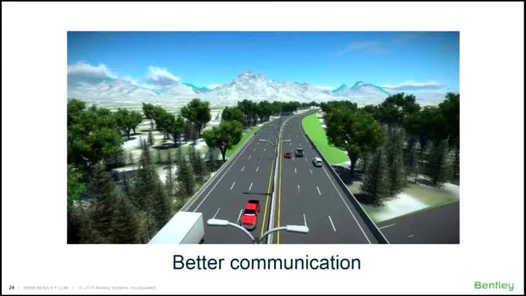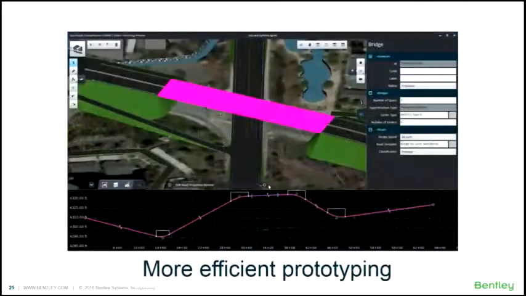So being able to basically come in the morning, have an idea, and create a visually rich model complete with animation by lunchtime. It also gives you the ability to do more efficient prototyping.